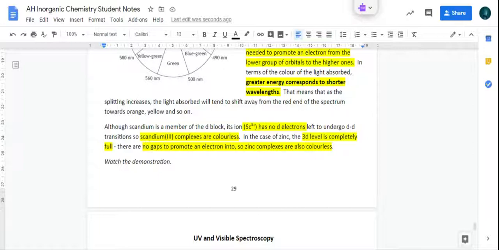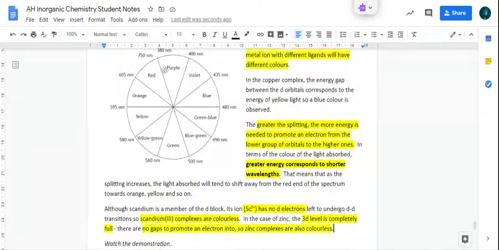If we put a solution of potassium permanganate, which is purple, in the beam of light, you will see that the green light from the visible spectrum has been absorbed, so the green light actually disappears. If you put a solution of copper sulfate, which is blue, into the beam of light, you will see that the yellow wavelengths of light disappear.